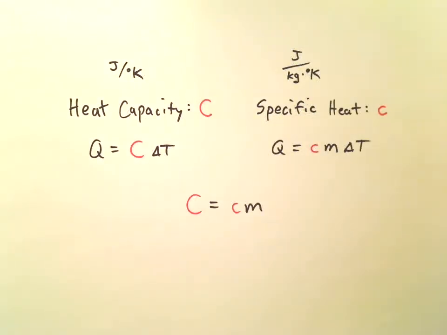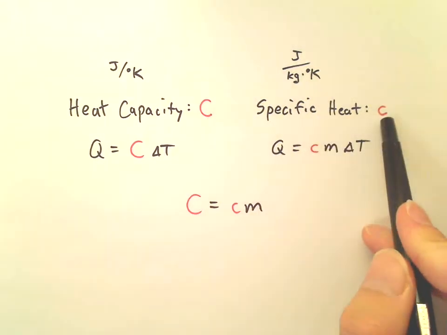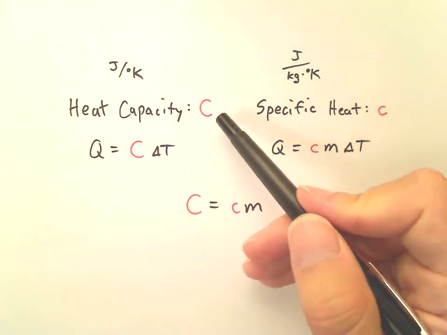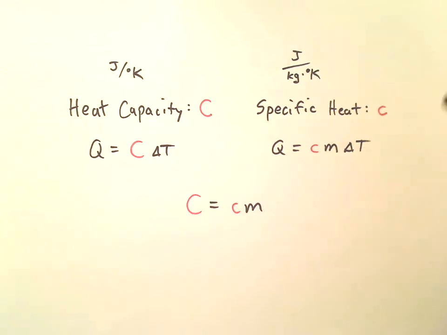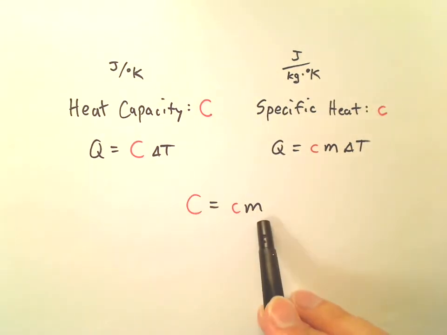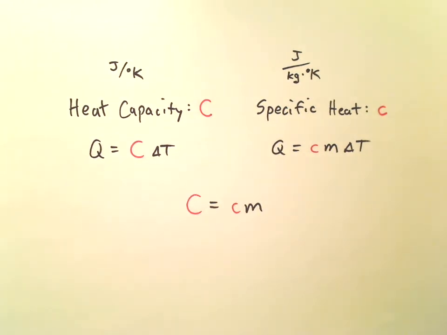So here they are side by side, and you can see that there's yet another unnecessarily confusing aspect of all of this, and that's that they like to use the same letter, C, to represent two different things, heat capacity and specific heat. Generally, they use an uppercase C for heat capacity and a lowercase c for specific heat, and you just need to get used to that. But you can see that heat capacity equals specific heat times mass, and therefore these two formulas are really one and the same.